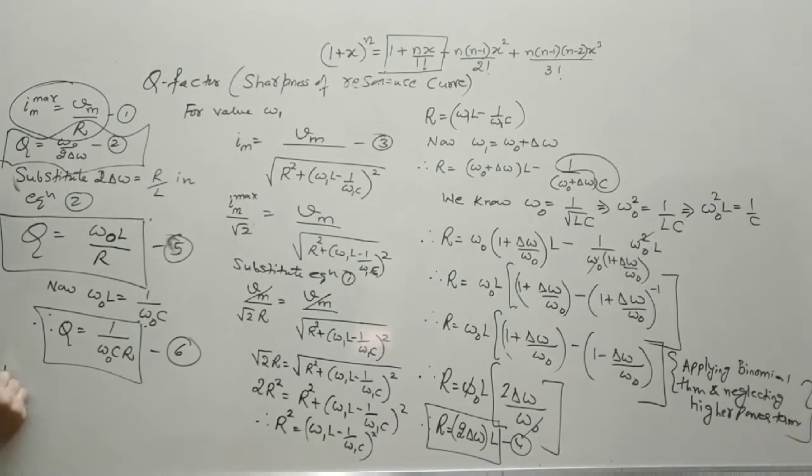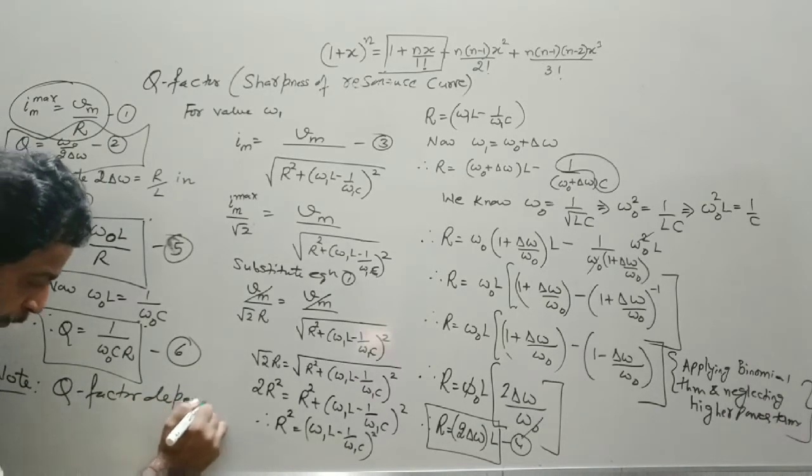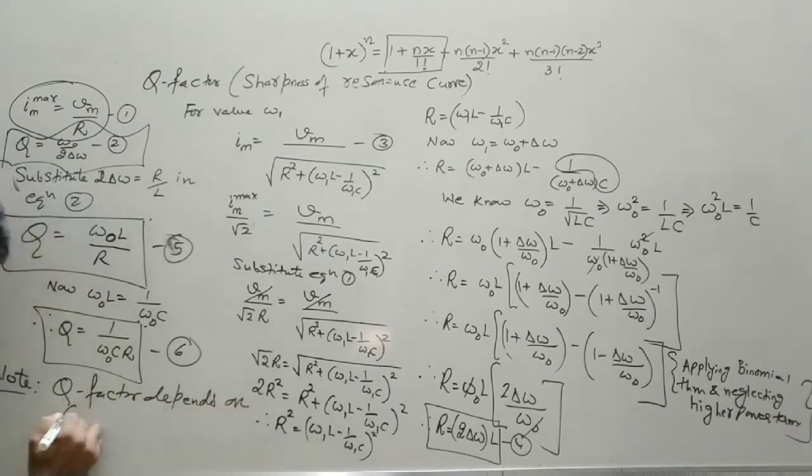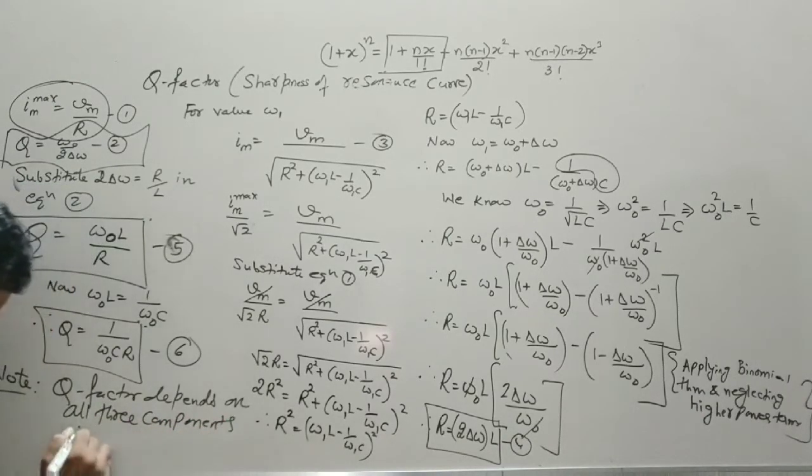You should remember this, note that Q factor depends on all three components, that is L, R and C, where the C is generally kept as a variable and L and R are fixed.